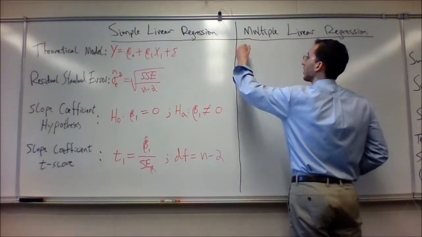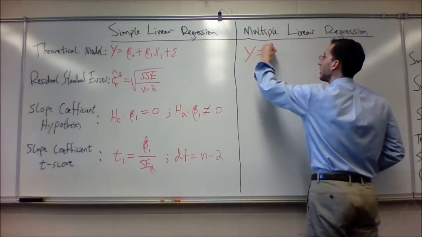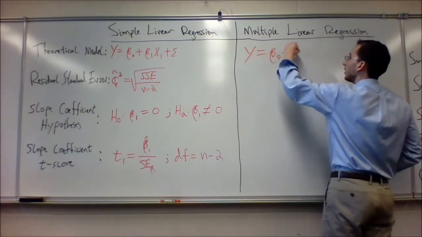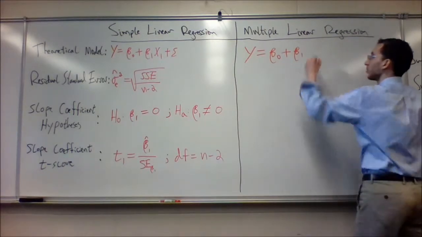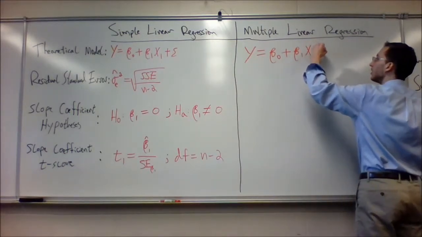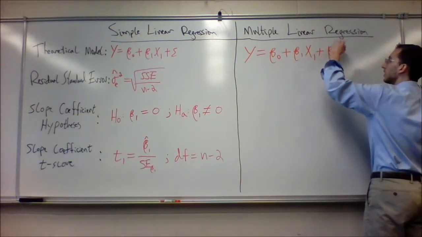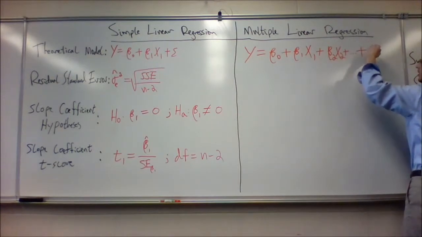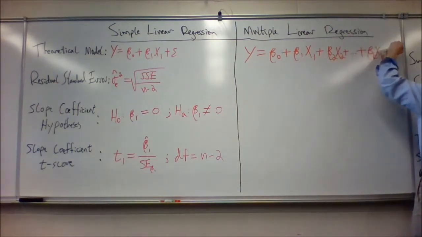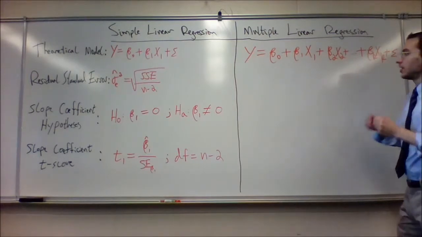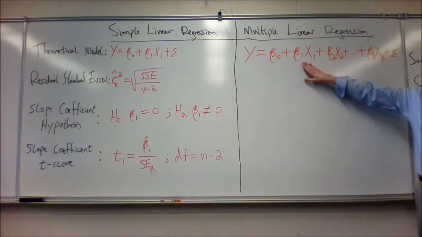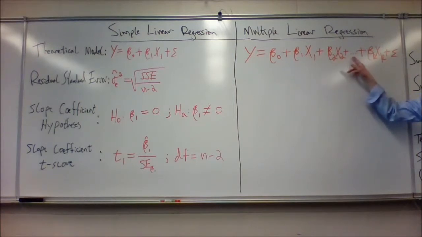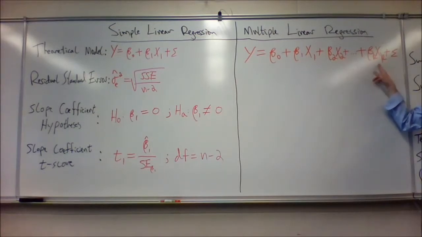In multiple regression, we can generalize it to say, I'm going to have more than one explanatory variable, so I need to account for that, and I can generalize it to saying beta 1 x1 plus beta 2 x2 plus however many more explanatory variables you need, dot, dot, dot, all the way up to beta k times xk.